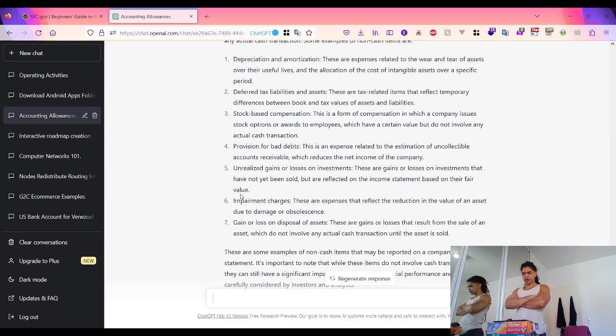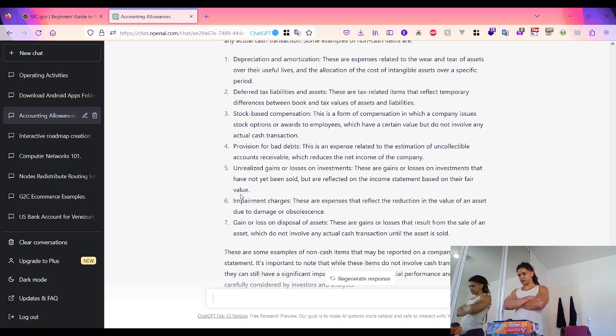So depreciation and amortization, deferred tax liabilities and assets, stock-based compensation, provision for bad debt, unrealized gains or loss on investment, impairment charge. These are expenses that reflect a reduction in the value of assets due to damage or obsolescence.